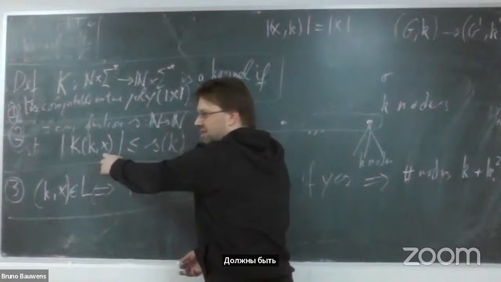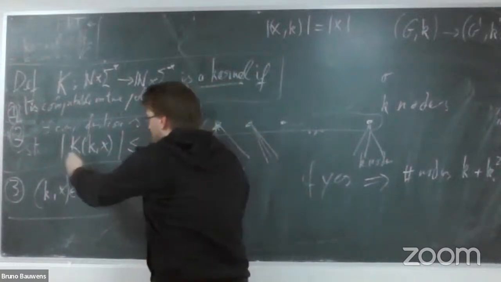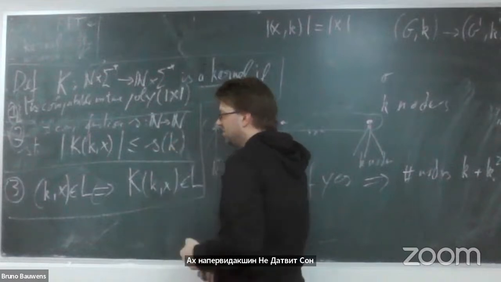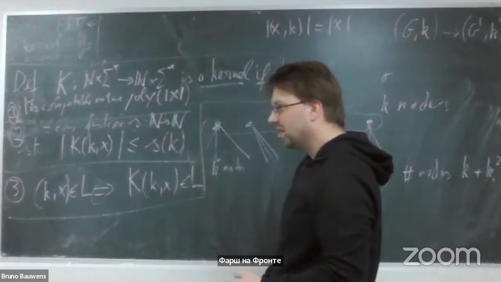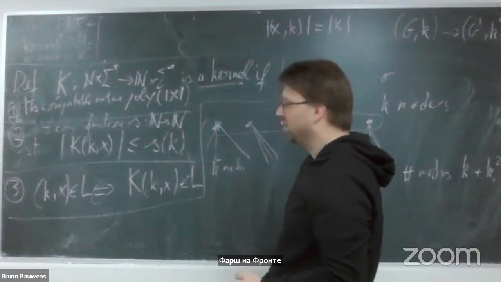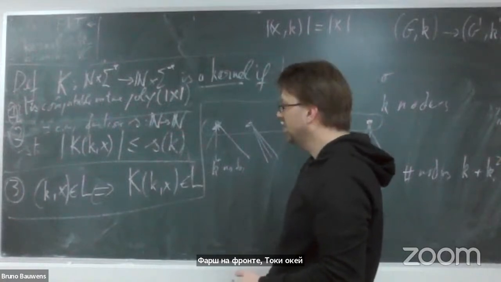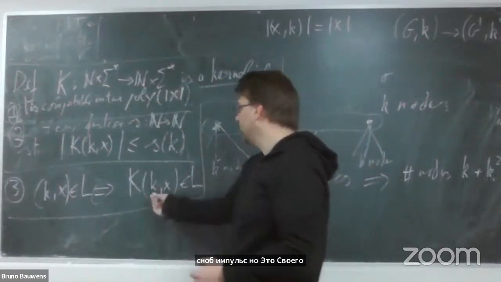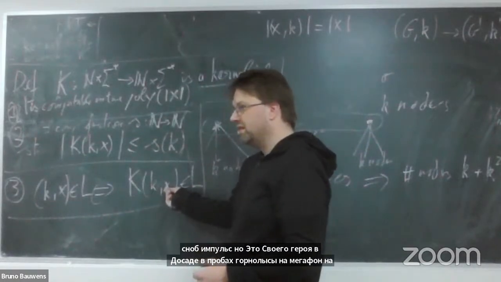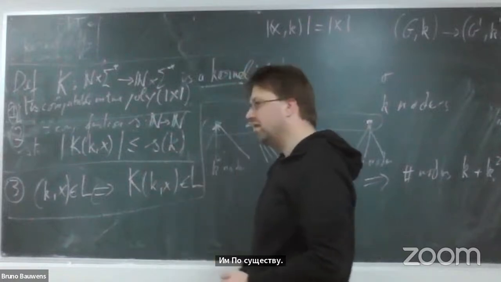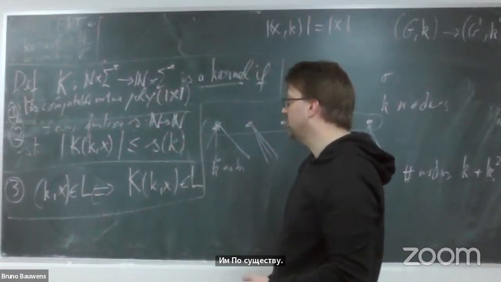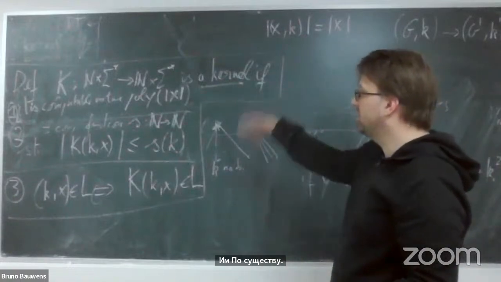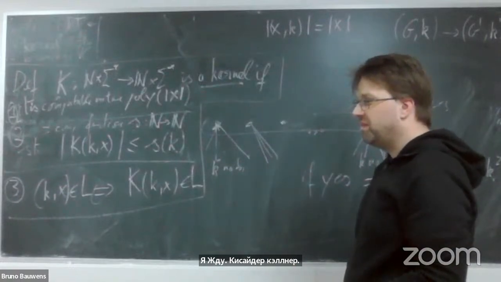Even if x is 10 million, after the reduction we end up with some function of 100. So k acts on inputs. We have a decider for our problem, and the decider gets both k and x, the parameter and x. Okay, so this is the definition of kernel.